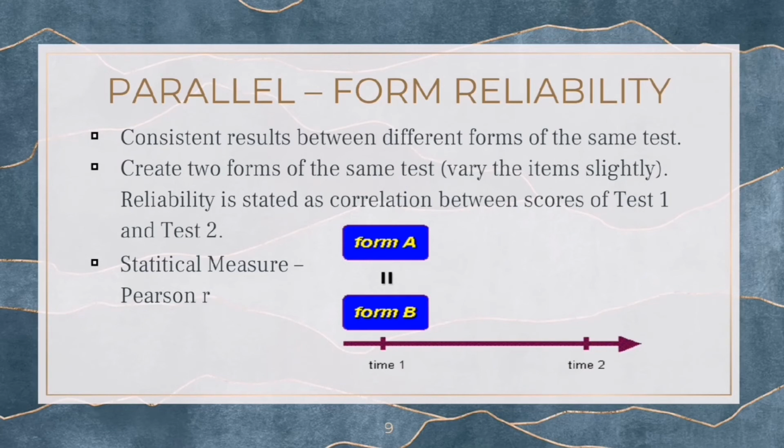In parallel forms, it will really measure the equivalence of the test items. At the same time, it will also help the teacher to measure the IQ of the students.